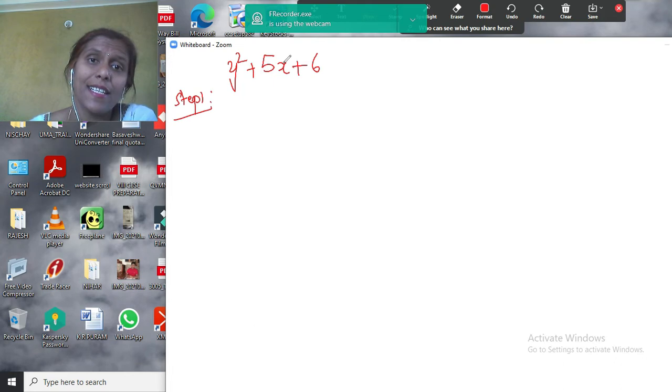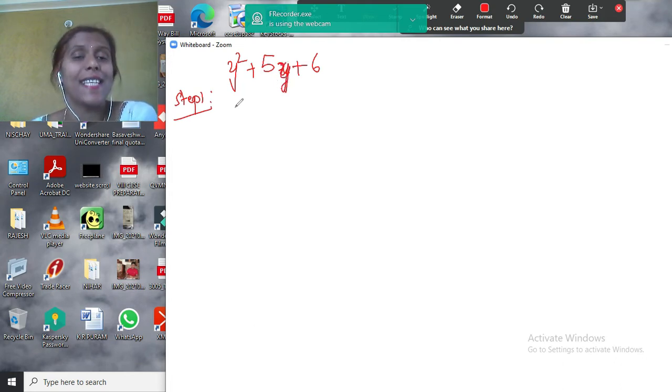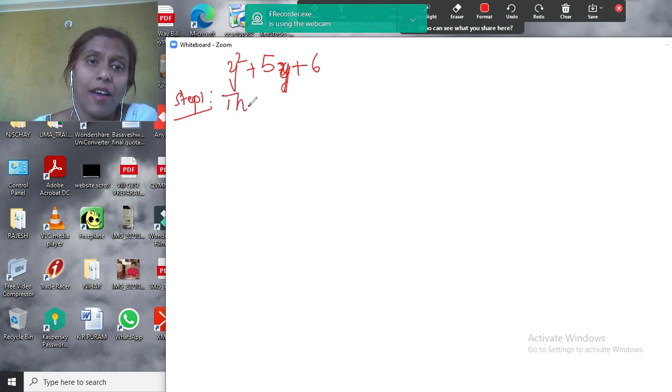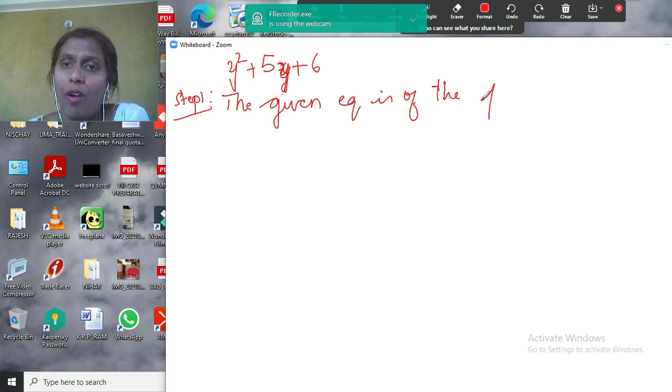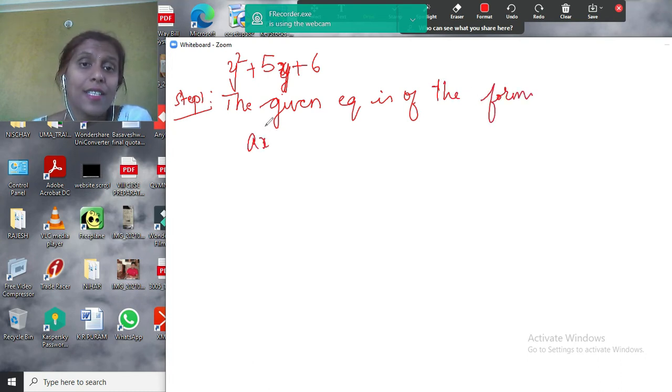Is this satisfying the condition? This equation is of the form ax square plus bx plus c.